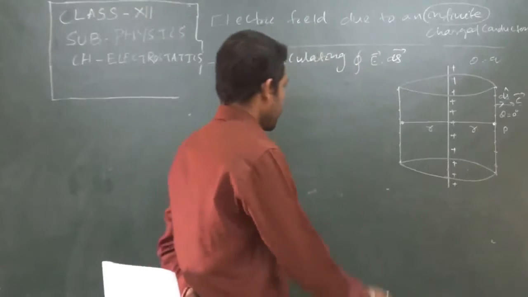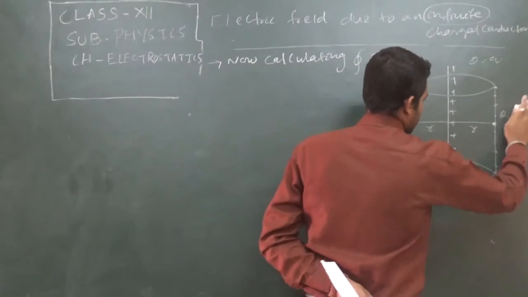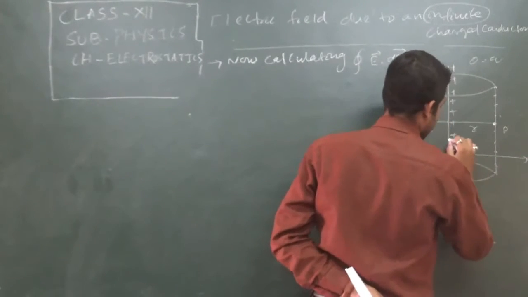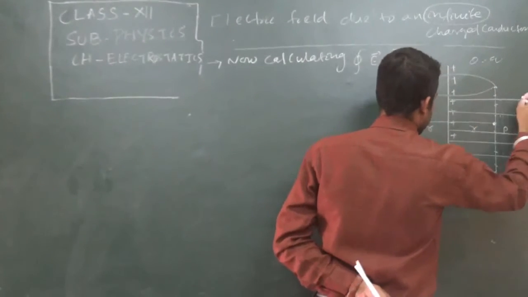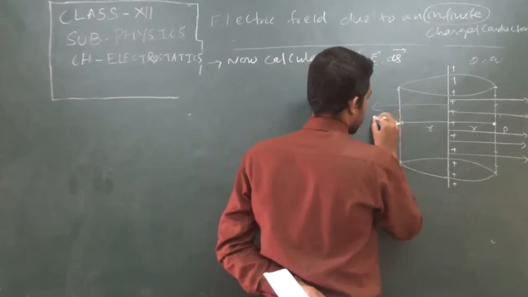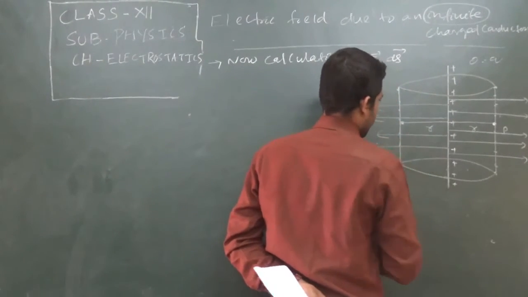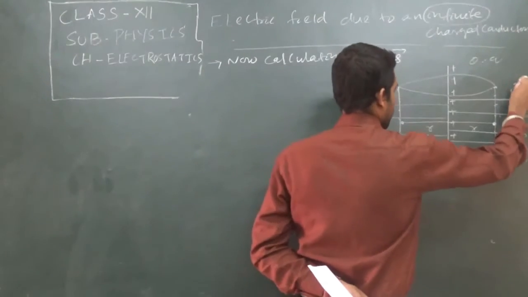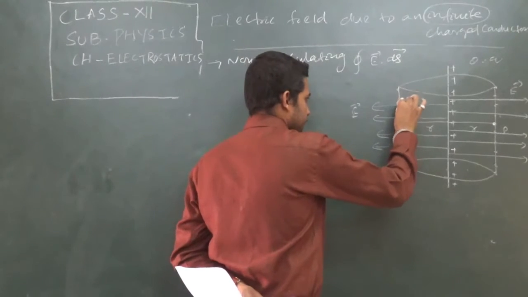See, if I draw this one, the electric field is going like this. These are the directions of electric field, and here also you will get the directions of electric field like this. That means they are coming out. Electric field here, electric field here. Now consider any region here, any area.